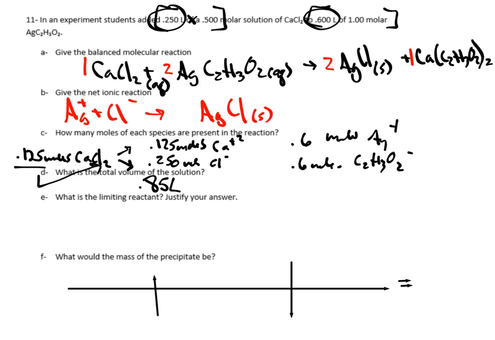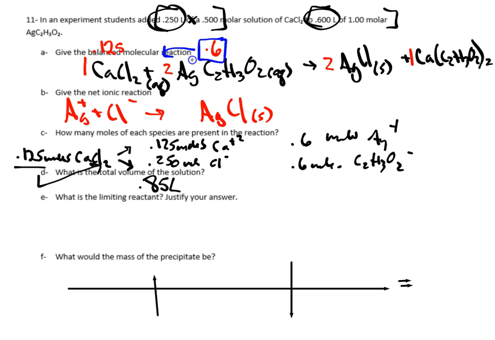All right, what is the limiting reactant, and justify your answer? Okay, so I'm going to rewrite these right here. I'll tell you. 0.125, that's CaCl2, correct? 0.6 is here. So the Tom Davidson way of doing this is asking your question, is 0.6 at least twice as big as 0.125?